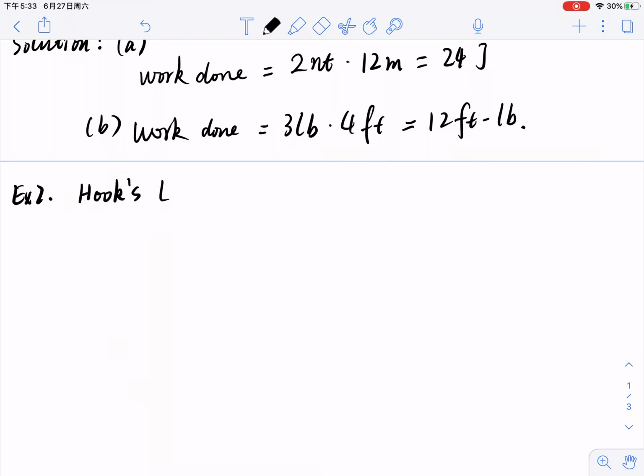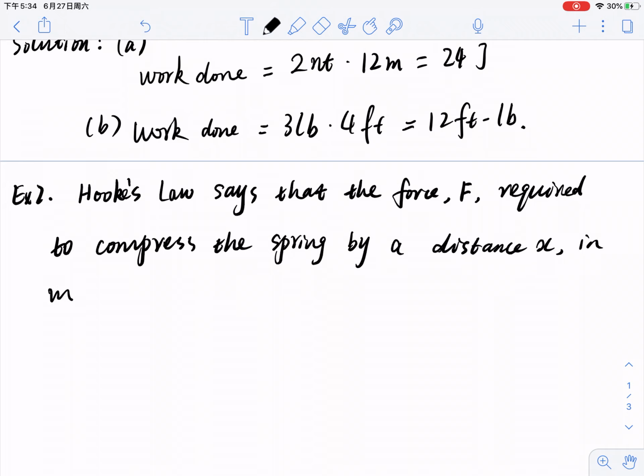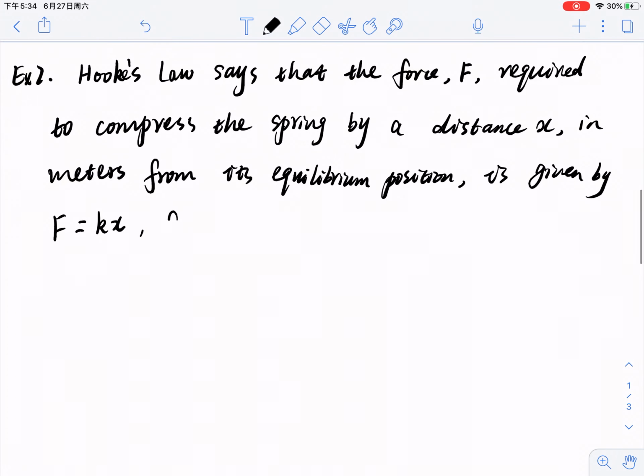Hooke's law says that the force F required to compress a spring by a distance x in meters from its equilibrium position is given by F is kx for some constant k.